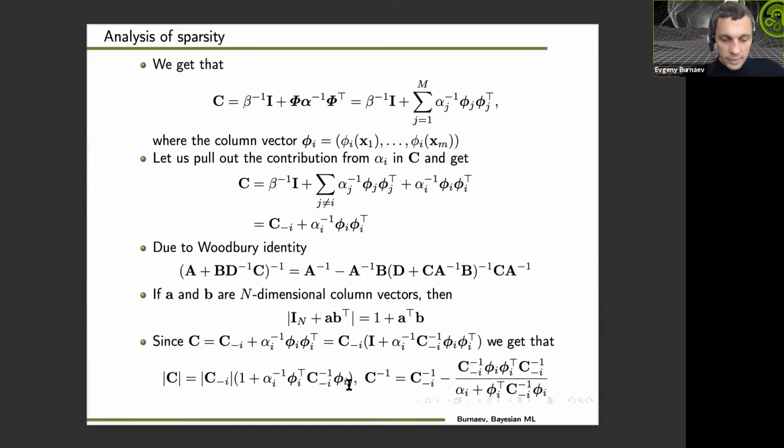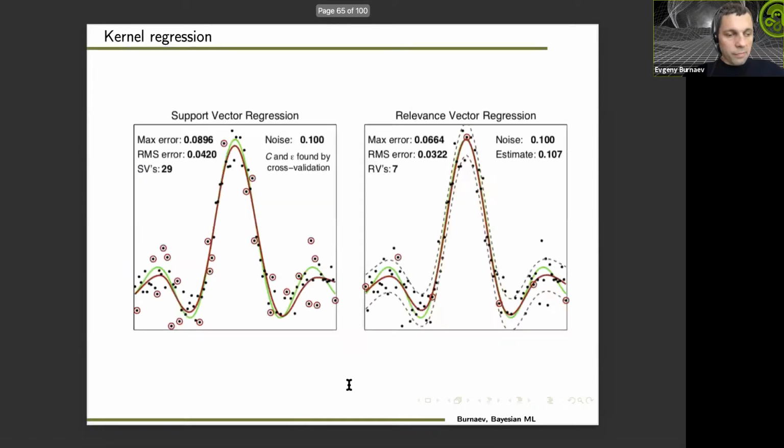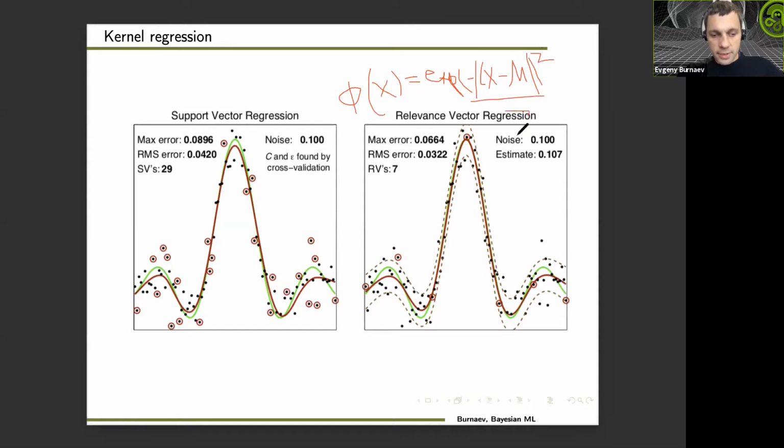Thank you. Okay, now let us consider how it works in practice. So practical considerations. Let us consider so-called kernel regression. In case of kernel regression, phi of x is given by exponent of minus (x minus some mu_i) squared divided by some sigma squared.